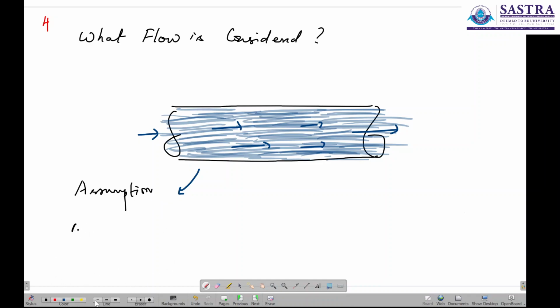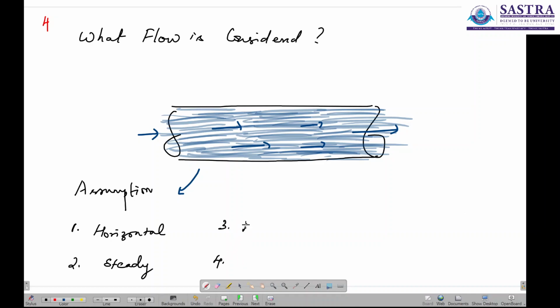The very first assumption is that we want to consider only horizontal flow through pipe. That means we are not going to consider inclined or vertical flows, either upward or downward. We are only going to consider horizontal flows. The second is that the system is considered to be at steady state, so there is no transient with respect to the flow. The third and the fourth are primarily fluid assumptions.